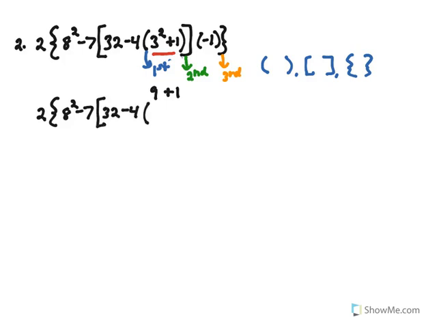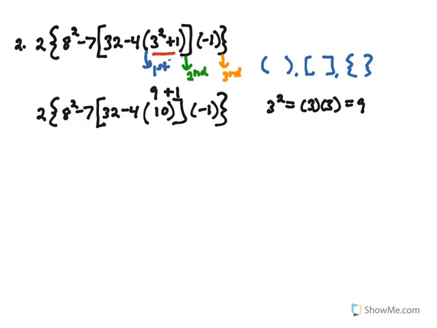Okay, 9 plus 1 is 10. Because you do 3 squared, okay? And remember, 3 squared equals 3 times 3, okay? Which is going to give you 9. And when you add the 1, you should get 10.